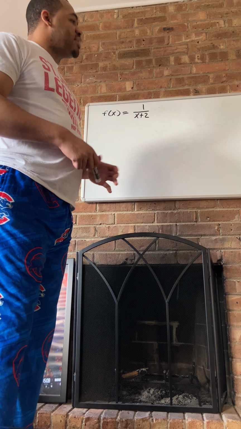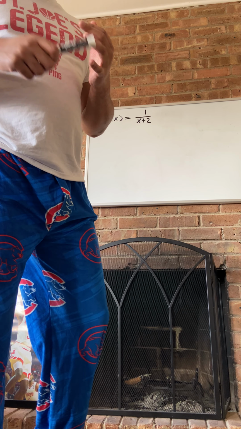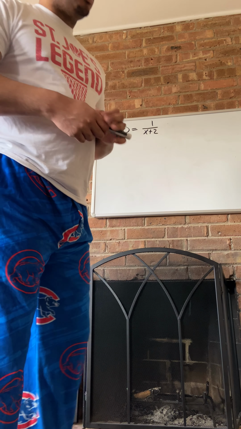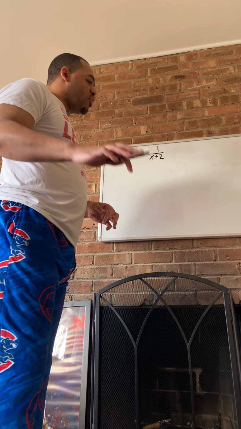If the degree in your numerator is the same as the degree in your denominator, then your horizontal asymptote is the fraction of your coefficients. Lastly, if the degree in your numerator is higher than the degree of your denominator, then you have no horizontal asymptote. As long as you can remember those rules, you'll be just fine.